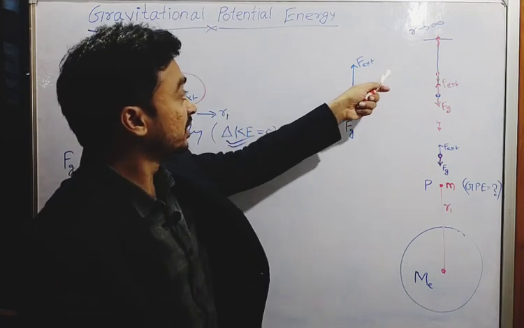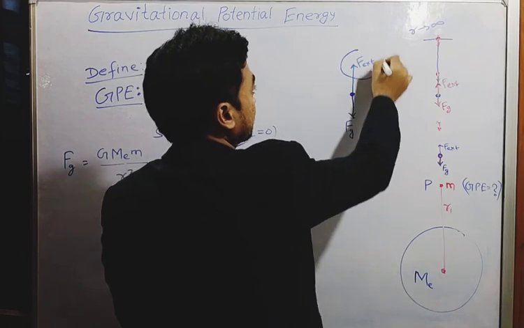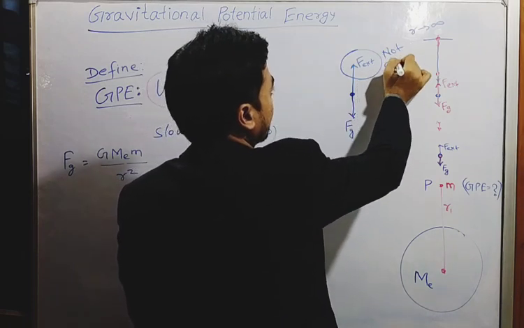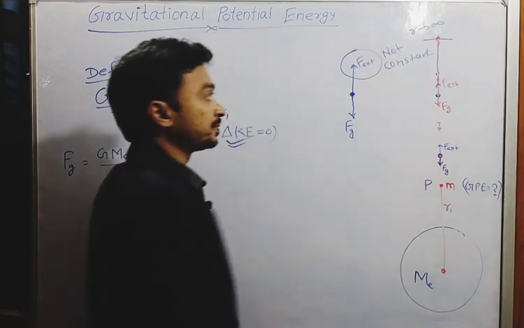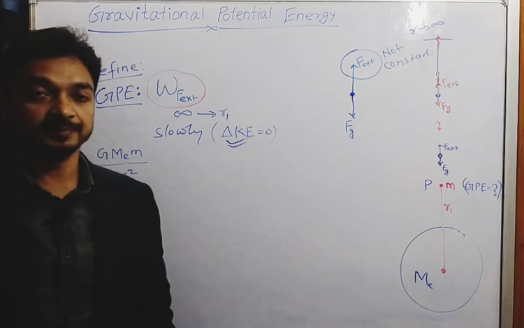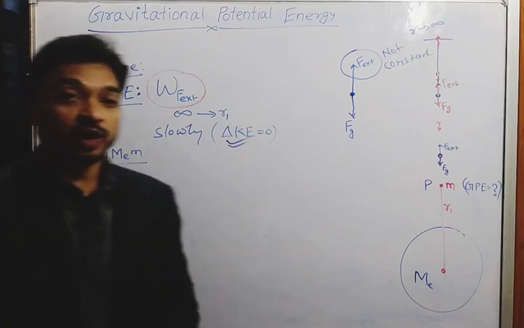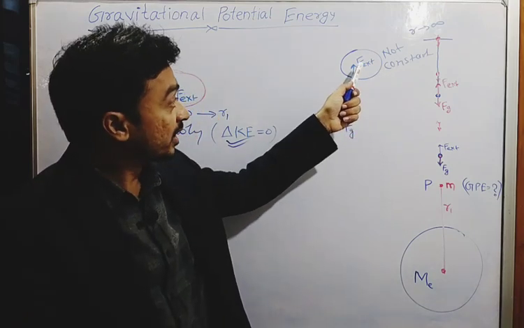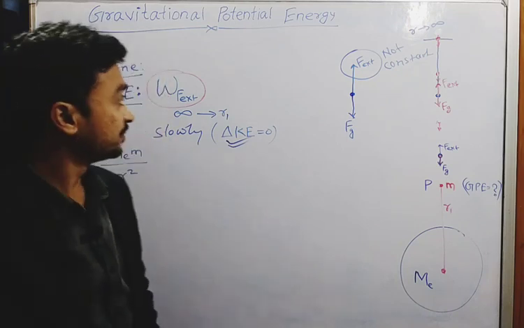So this external force is not constant throughout the path. So how to calculate the work done by this force? We have to calculate the work done by a variable force.